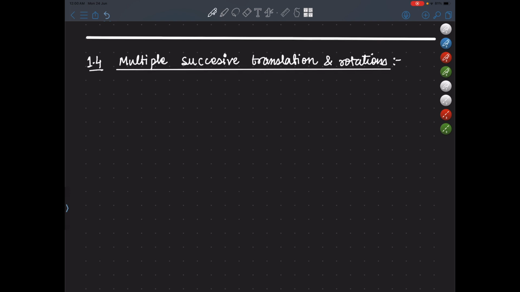Okay, so let's say one transform occurs from 0 to 1, so O1 X1 Y1. We can write the relation as C naught is equal to O1 naught plus R1 naught C1, right? Now let's say another transformation occurred from O1 X1 Y1 to O2 X2 Y2.